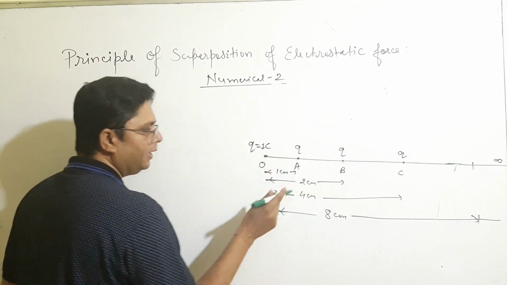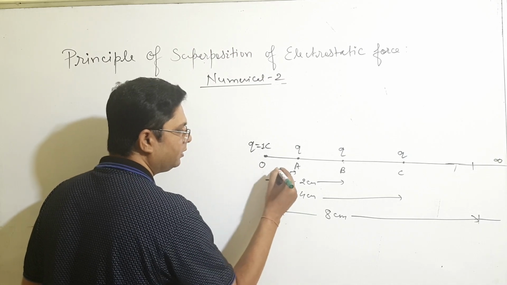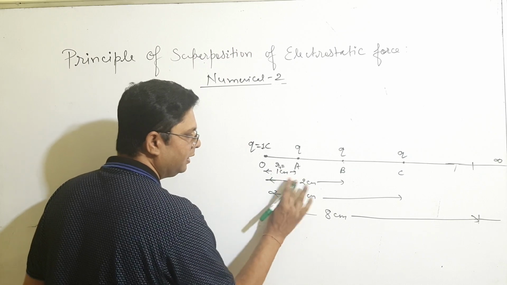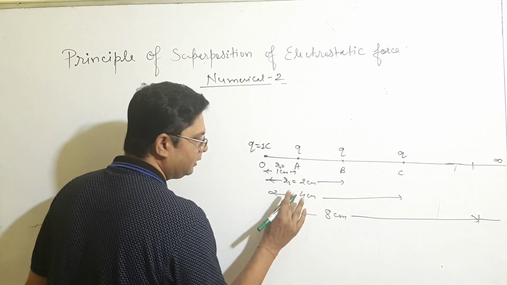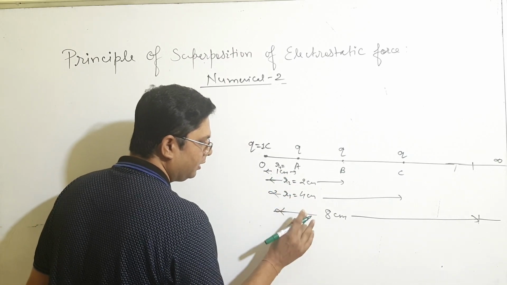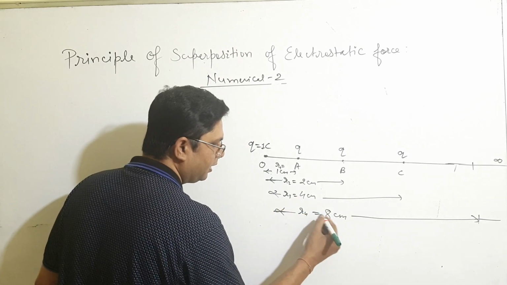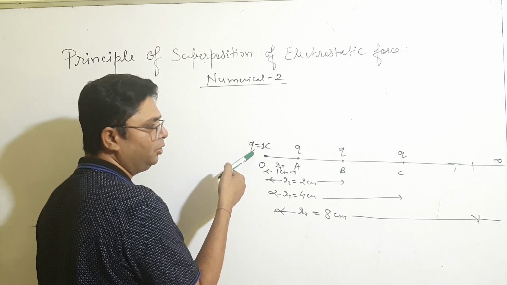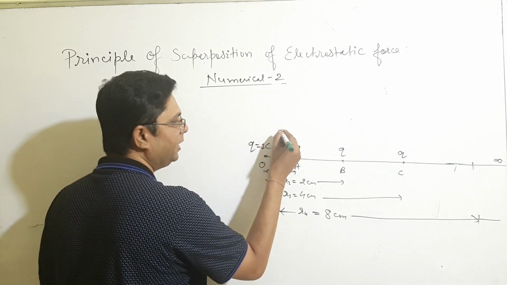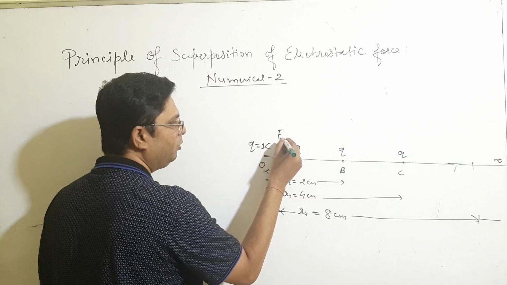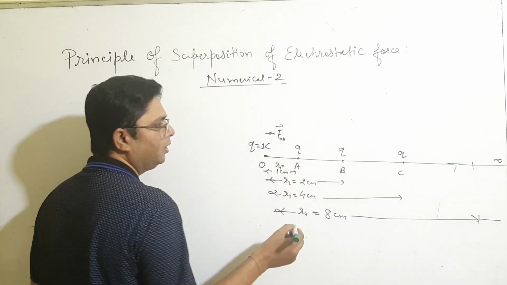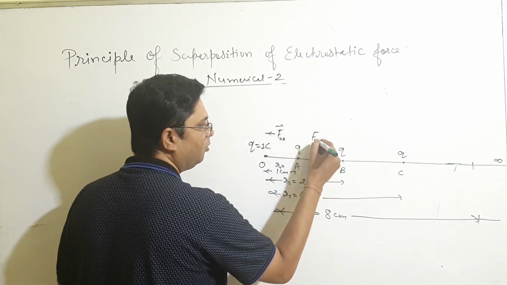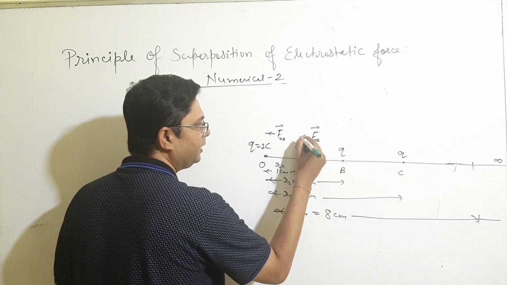So here let this be R1 equals 1 centimeter. Let this be R2, this is R3, this is R4, and so on. So the force acting on this charge Q due to the charge at A is F on O due to A, direction this side. The force acting on this charge due to the charge at B is F OB, direction again this side.